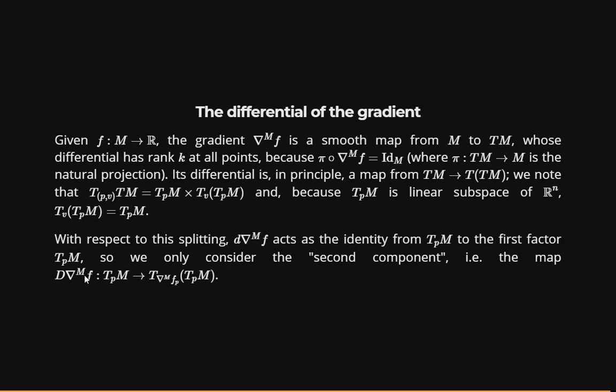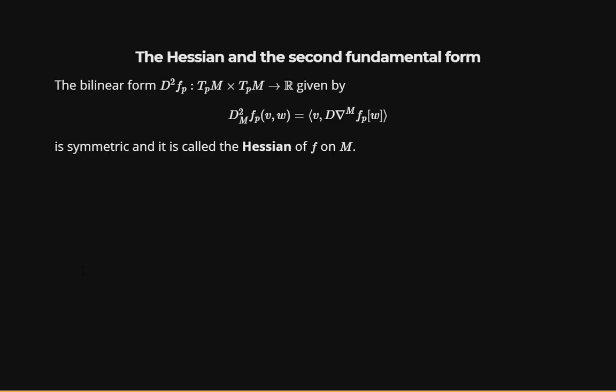So this is the Hessian, which is a bit complicated, but it is a linear map. The Hessian is a bilinear map. How do you obtain the Hessian? Taking the scalar product between the linear map applied to a vector and another vector. It turns out to be symmetric, and it's called the Hessian of f on M.